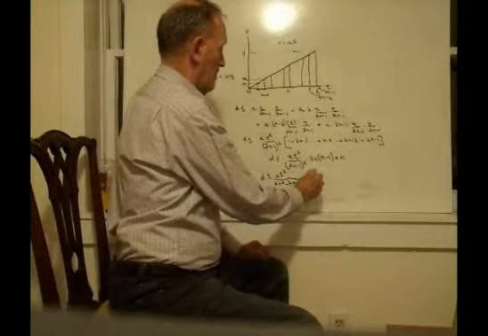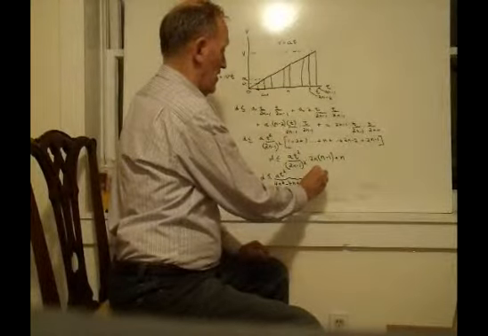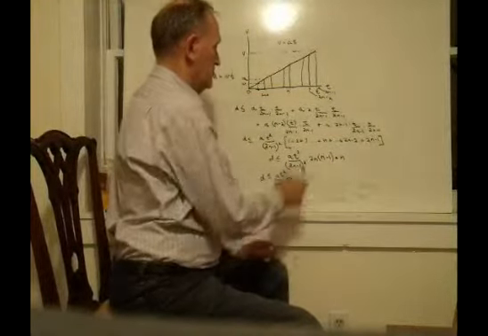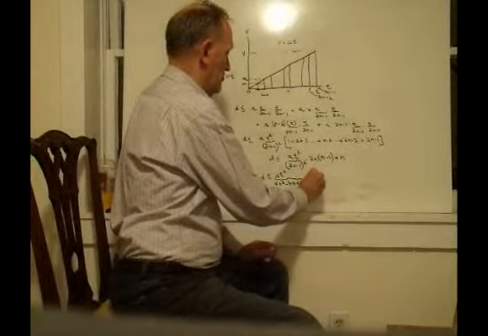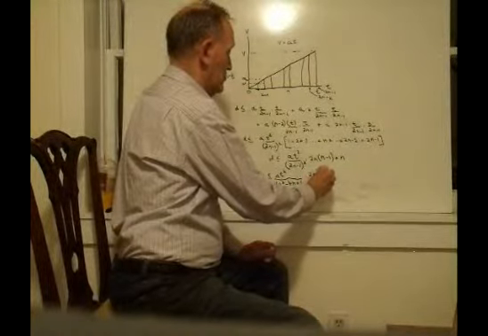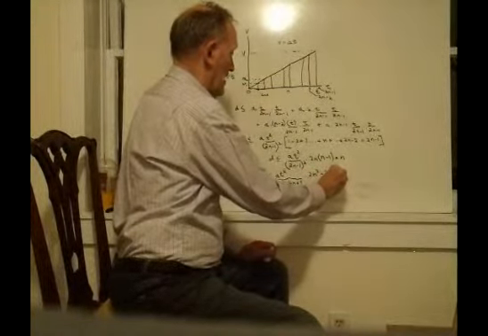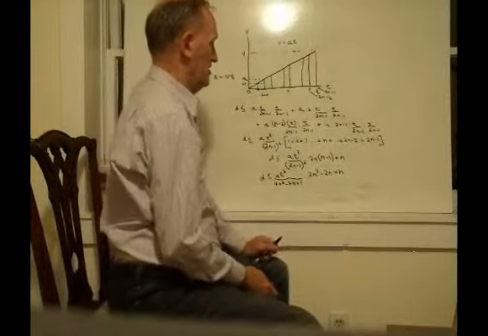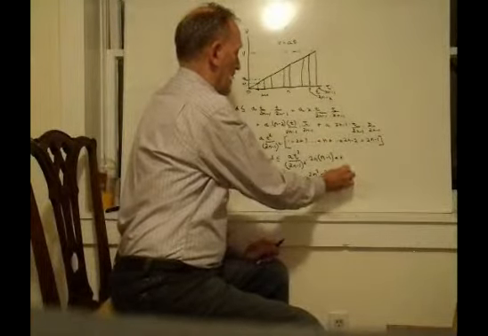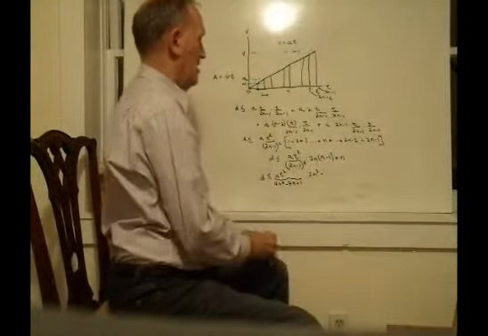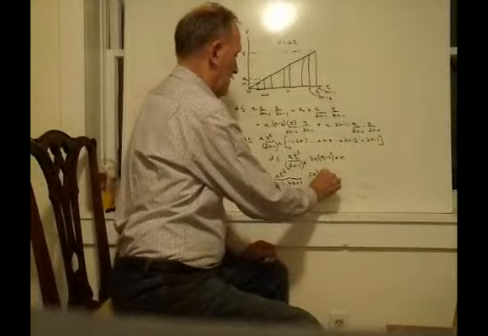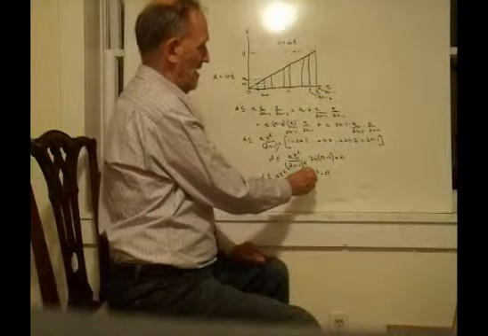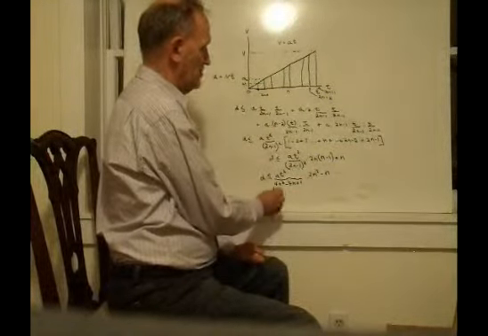Times 2n times n, so 2n squared minus 2n plus n. Well, minus 2n plus n is going to give me minus n. Very good.